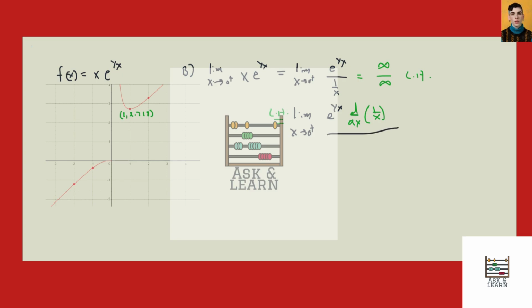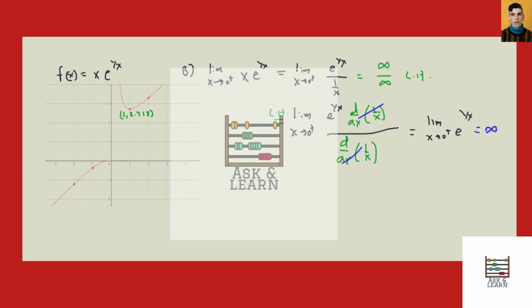And you might notice that we also have the derivative of 1 over x in our denominator. So just because I'm lazy, I'm going to cancel those out as opposed to taking the derivative of them. Doing that will leave us with the limit as x approaches 0 from the right of e to the 1 over x. And now that's e to something approaching infinity, so this will diverge to positive infinity.